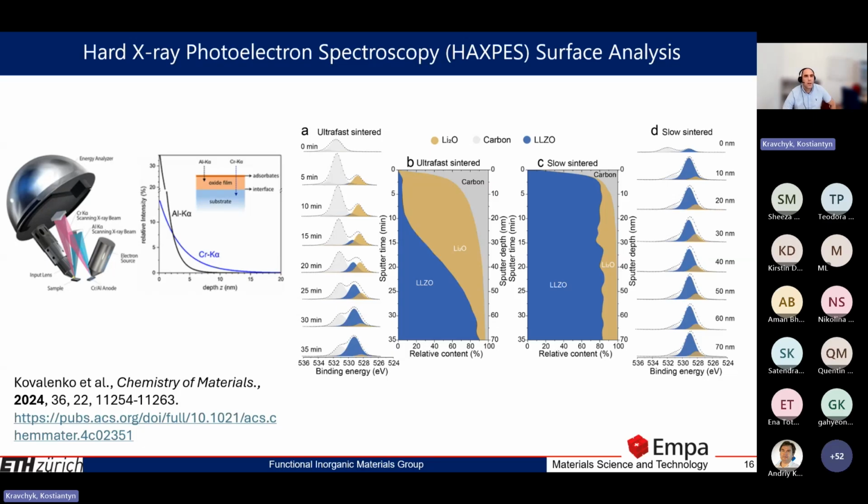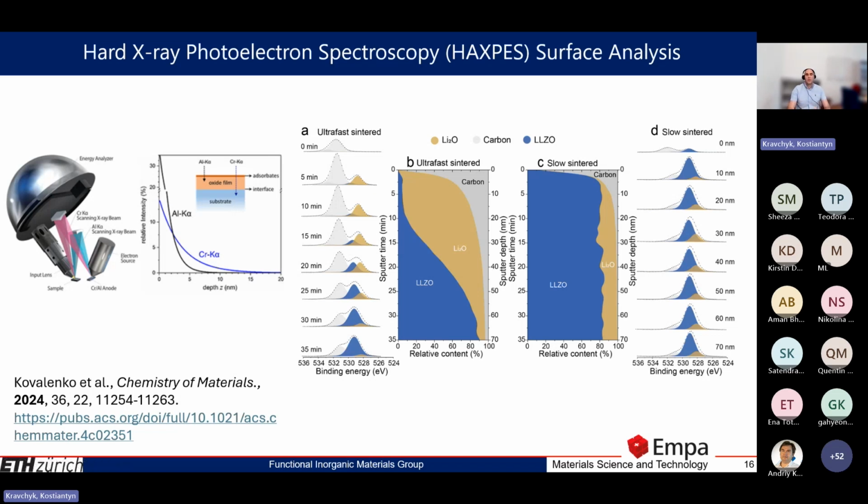So classical XPS methods use an aluminum source, which enables you to characterize the surface at the level of, let's say, 5 nanometers. But with a chromium source, one can actually get information at much deeper levels, which could be quite important, without proceeding with sputtering.